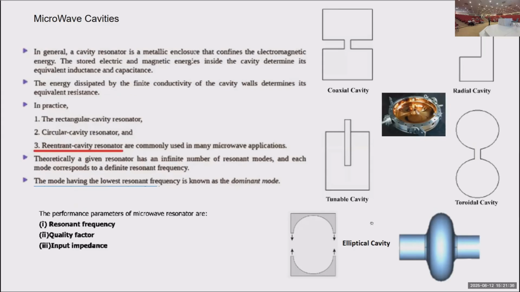This part is the capacitance of the cavity, and the wall of the coaxial line is closed. And this is also similar to the radial cavity. There is a tunable cavity; we are going to talk about the tuners also. And there is the toroidal cavity, which I think is from CERN. And the elliptical cavity is mostly used in accelerators, so in CERN.